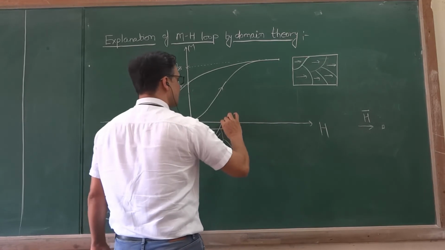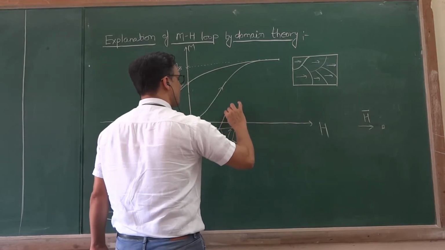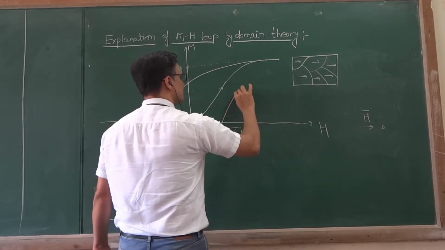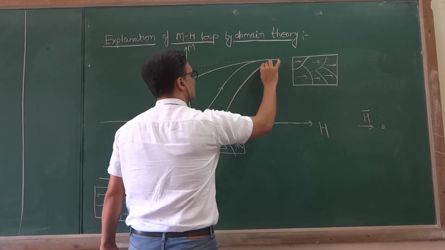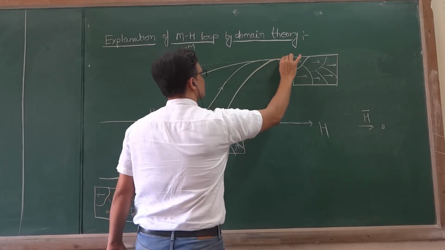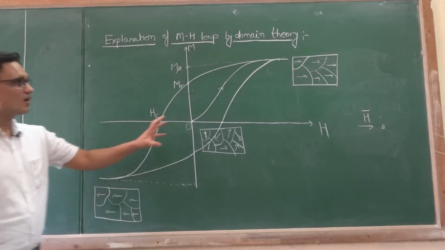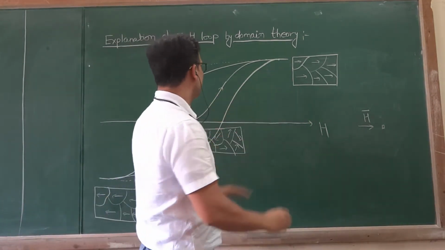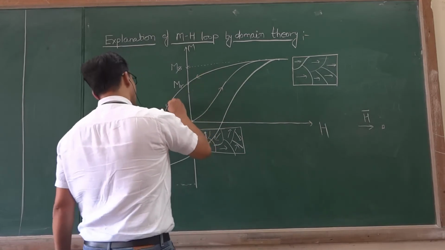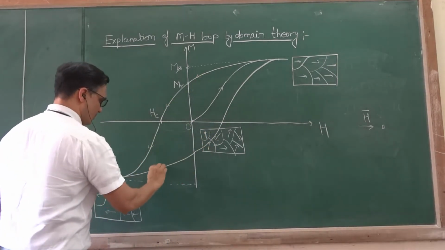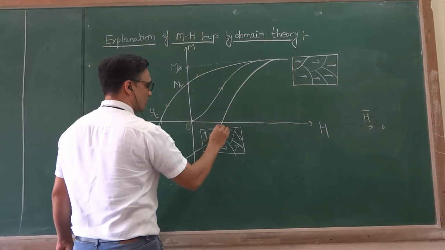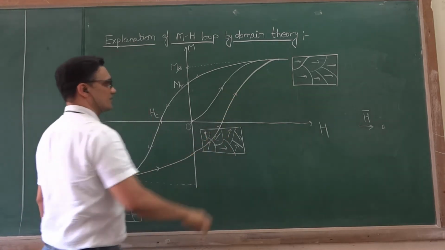Then we further increase the magnetic field in the positive x direction, and it goes like this. Again it reaches the saturation state. Again all the domains at this field align in the direction of the external magnetic field.